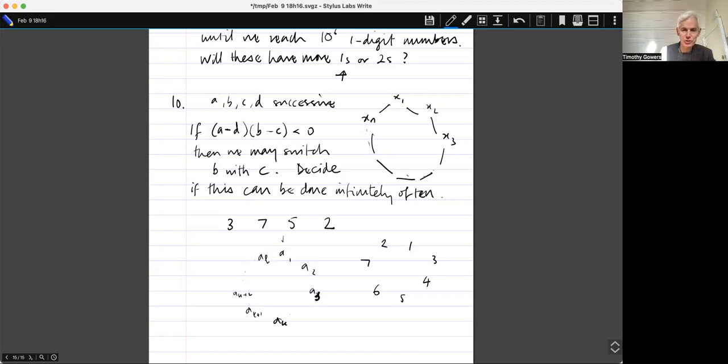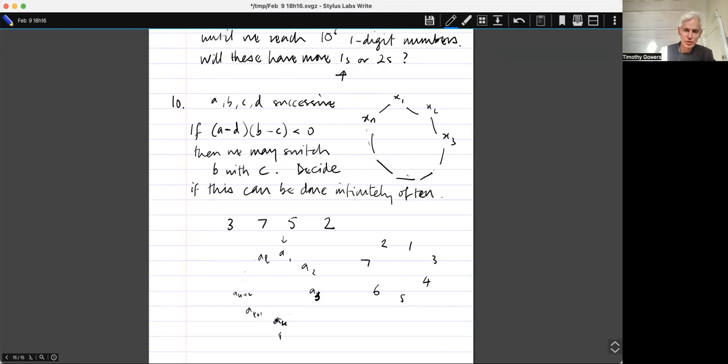So A1 is the smallest, increases up here, AK is the biggest, decreases in that direction. Can we, so A1 is smaller than A2, so it actually depends whether AL is smaller than A3 or bigger than A3. So we can't say anything about this very general situation.